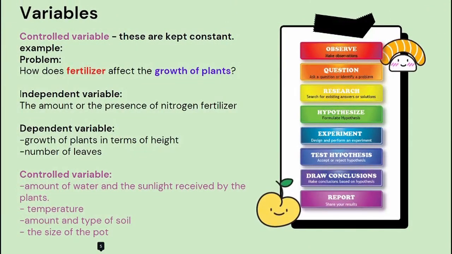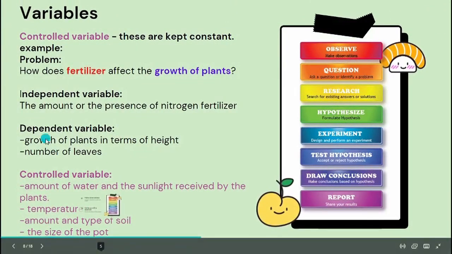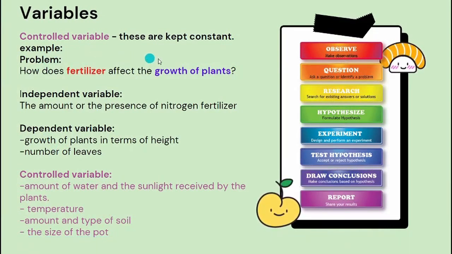The third variable is the controlled variable. This should be kept constant. Lagi siyang pareho. Laging equal ang amount. Okay? So again, the same problem, how does fertilizer affect the growth of plants?